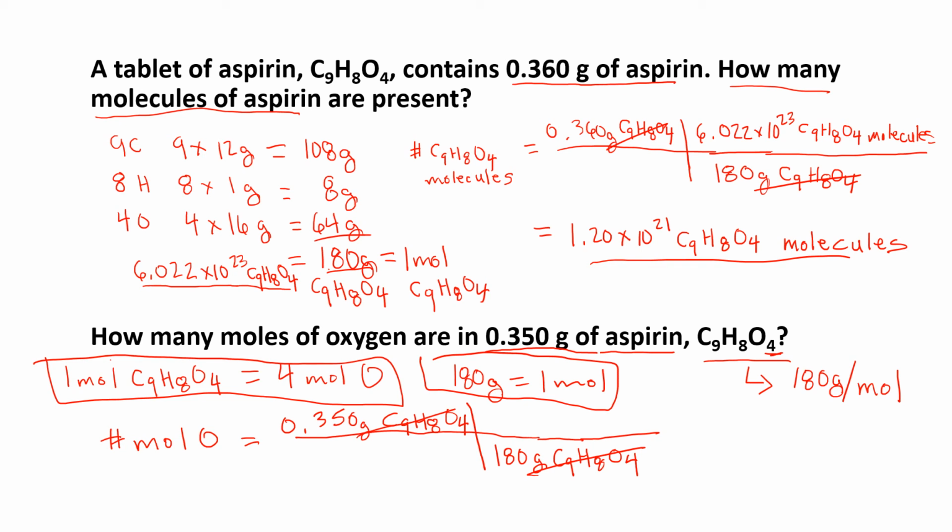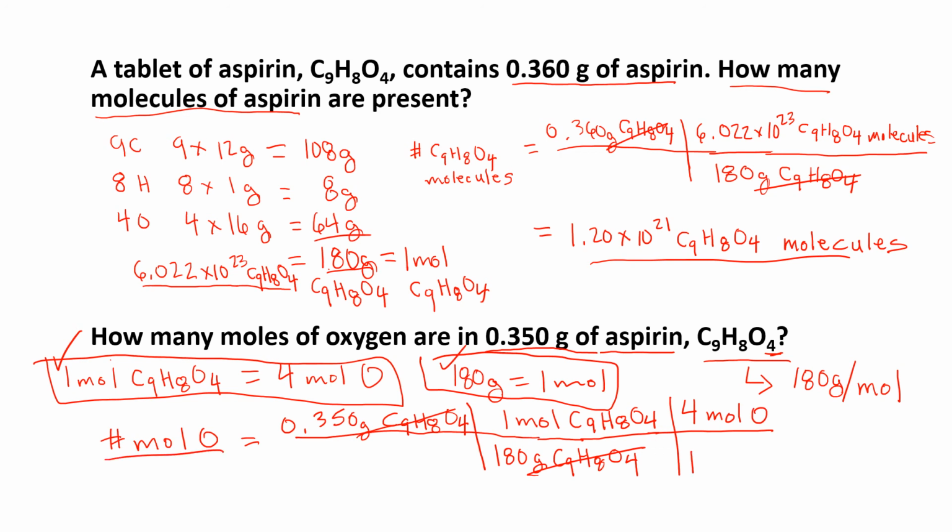And ultimately I need to get it in moles of oxygen, so I'll put my 1 mole of C9H8O4 up top here. I've used this as a conversion factor here. Now I'm going to use 1 mole of C9H8O4 is equal to 4 moles of oxygen. So I put 4 moles of oxygen up top because that's what I want to calculate here.